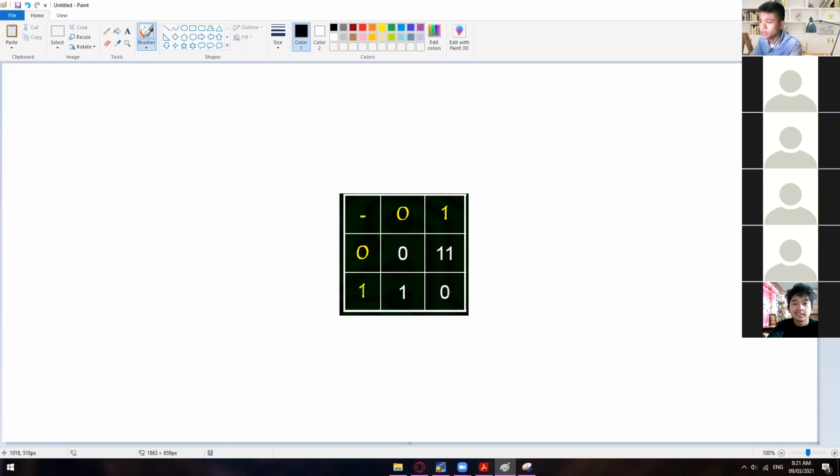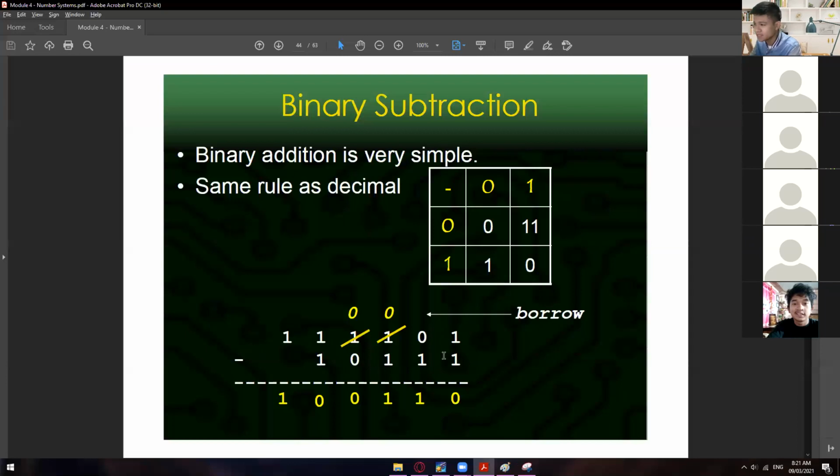And 1 minus 1 is of course 0. However, we have this one, 0 minus 1 is 11. I will show you guys later on how we got 11. I know that this one is quite weird, but in binary, this is how it works.